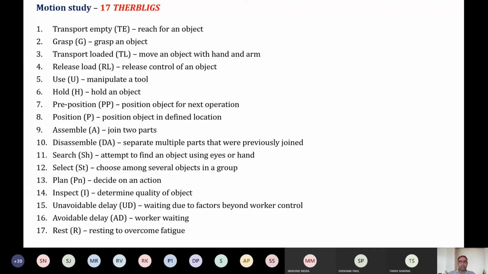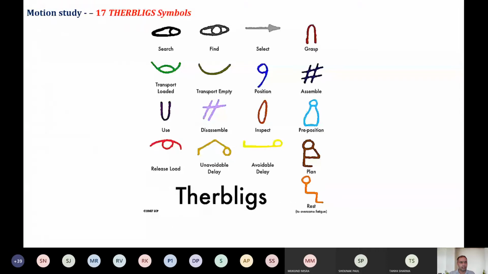But in the motion study they are not using the names of the therbligs. They are using the 17 therblig symbols. For example, to search, there is an eye symbol with the eyeball.